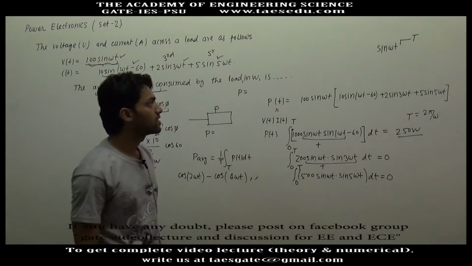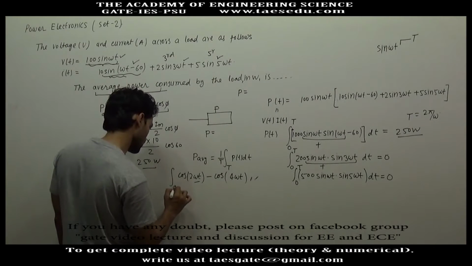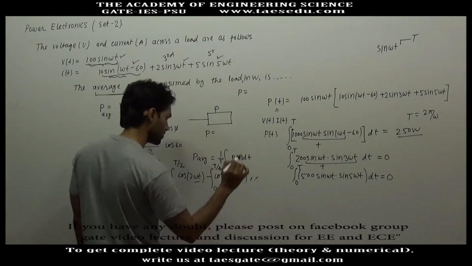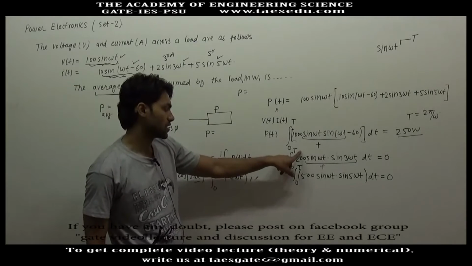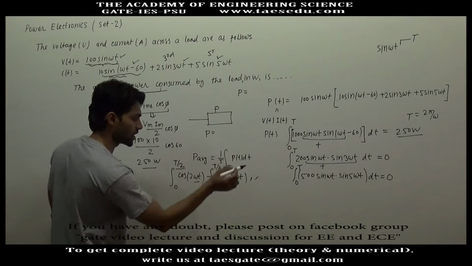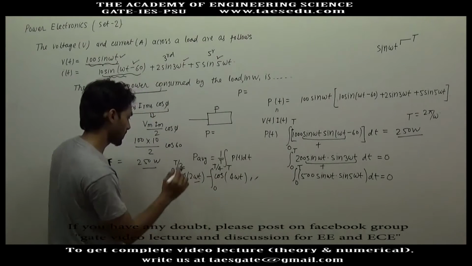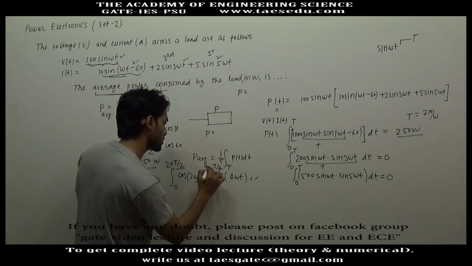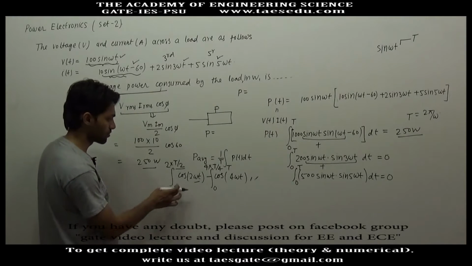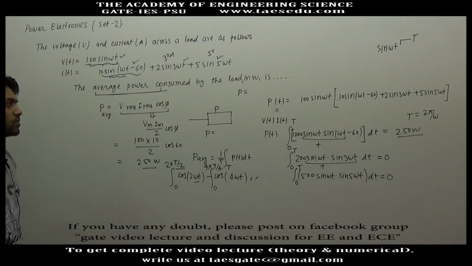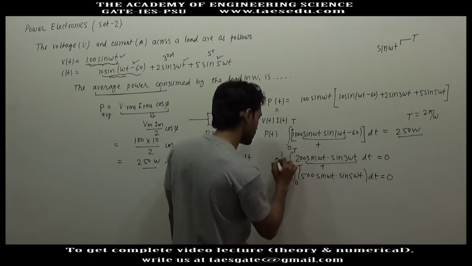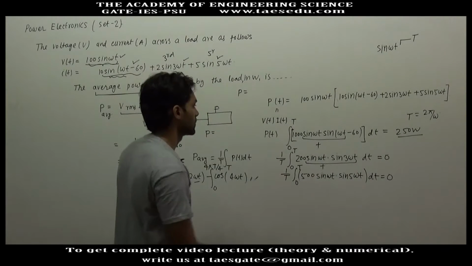So this will be periodic with T by 2, this will be periodic with T by 4, and we are integrating it from 0 to T. Even if you integrate from 0 to some integral multiple of the time period, there will be no effect on the average value, because to find the average you will divide by the same duration. Here also you will have 1 by T.